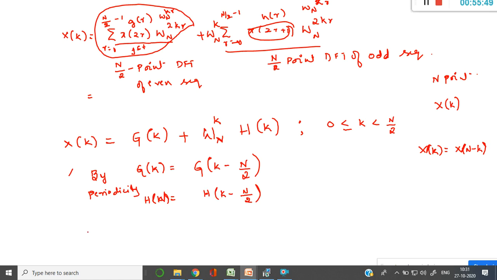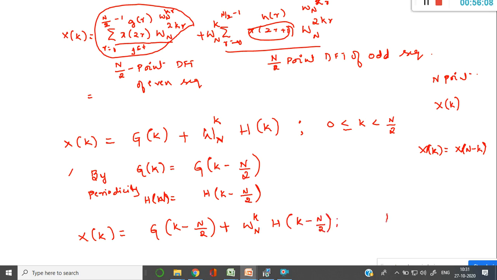Therefore the next sequence of x of k will be equal to g of k minus n by 2 plus w n to the power of k h of k minus n by 2. So what is this? This is once again, till the last value, from the n by 2 point DFT.